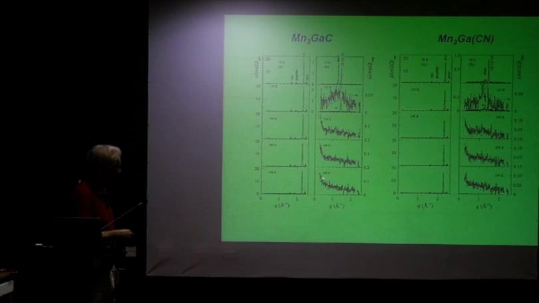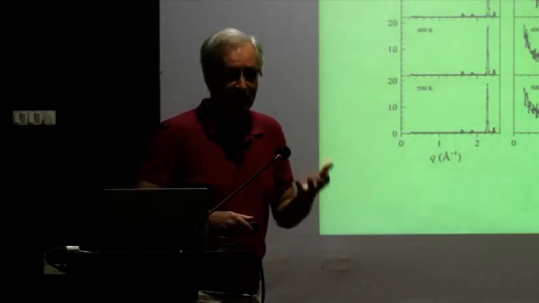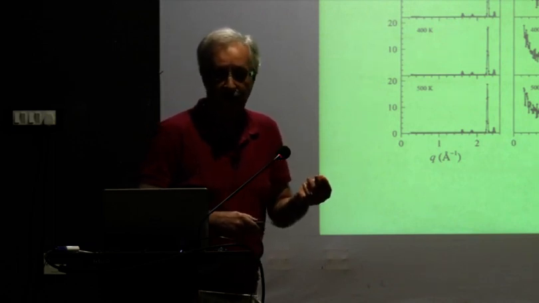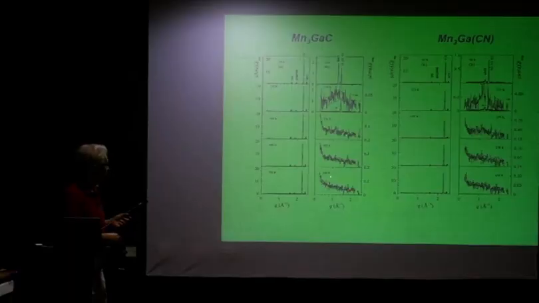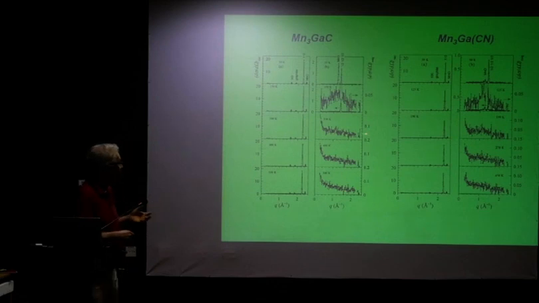There is a tendency to peak towards Q equals 0, meaning that your system is ferromagnetically correlated. You have very short-range ferromagnetic correlations. And if you go to 400 and 300, you can see that this peak develops and gets stronger, and well, below 300 Kelvin it depolarizes, so you cannot run the experiments anymore.